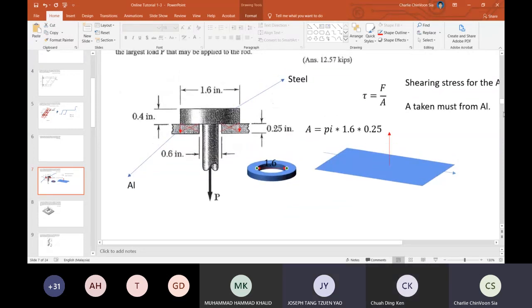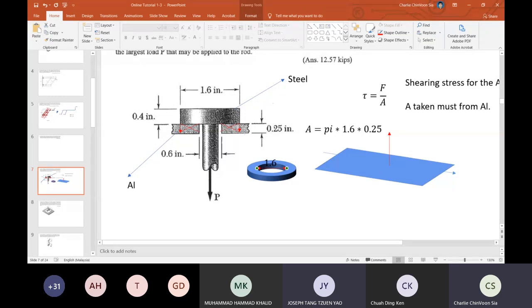Is it okay? Yes. So same thing: if you want to determine the shear stress in the steel rod, you just assume that the aluminum plate cuts through the steel plate.